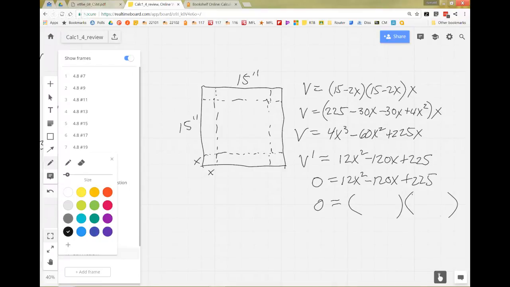We could have 4x and 3x. You could have 6x and 2x. So let's just try a 4x and a 3x. So that would equal 12x squared. All right. You can take out a 3 to make it easier. Oh, 3 does go in there? You're right. Thank you. So let's do that. That'll make it a lot easier.